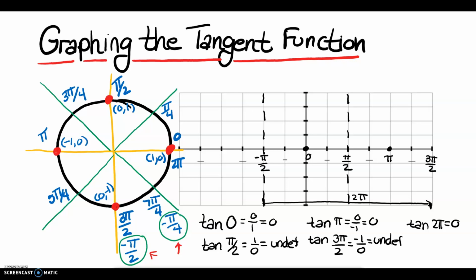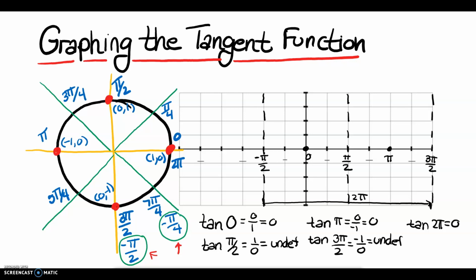All right, so if I went backwards, -pi over 2 is the same as 3 pi over 2, and 3 pi over 2 is undefined, so -pi over 2 is undefined for tangent. Pi over 2 is undefined, and 3 pi over 2 are undefined. So these x values are not in the domain of our tangent function.